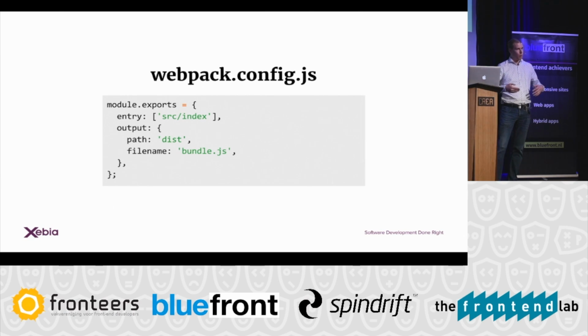Webpack on its own will be able to take a lot of JavaScript dependencies and bundle them together. So this configuration would look at a folder called source and then an index.js file, and then whatever dependencies it has, it will bundle them into one file, and it will place that file in a folder called dist, and the file will be named bundle.js.